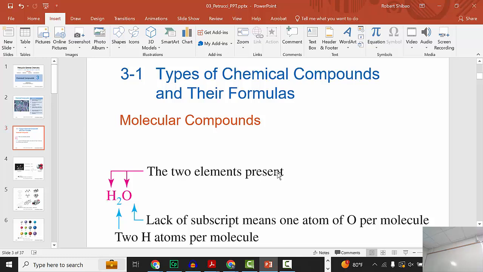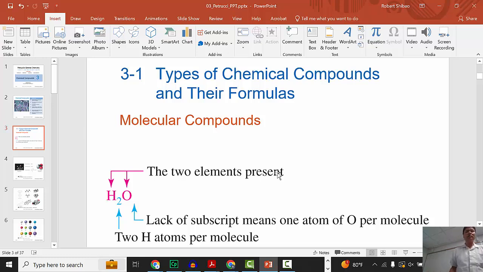Unfortunately. So we have molecular compounds. Molecular compounds can be more than 2 elements. The molecular compounds typically are compounds formed from combining nonmetals. That's a rule. There are some exceptions.